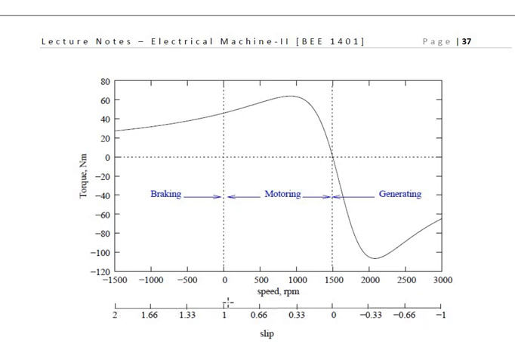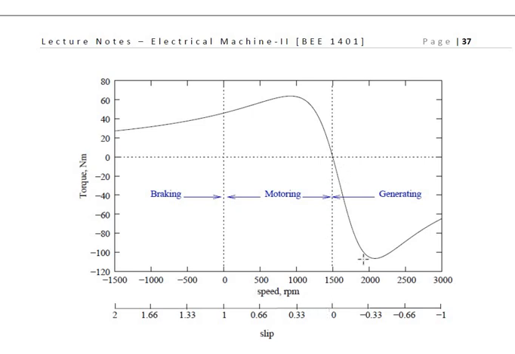For speed equal to 0, the slip is 1. And at the synchronous speed, the slip is 0. So as speed increases from 0 to synchronous speed, the slip decreases from 1 to 0.